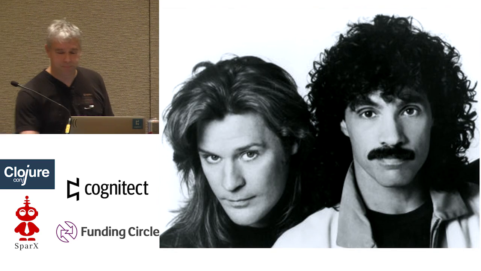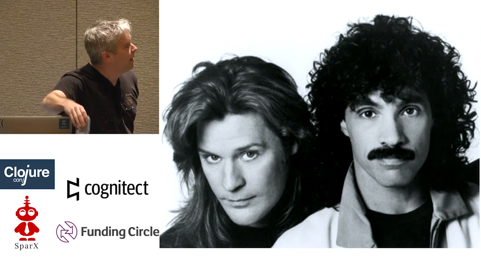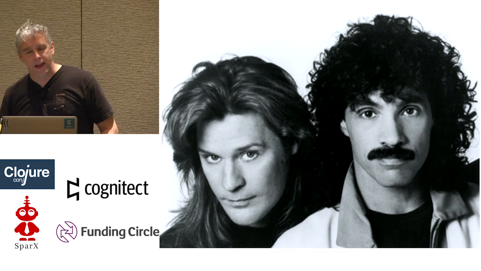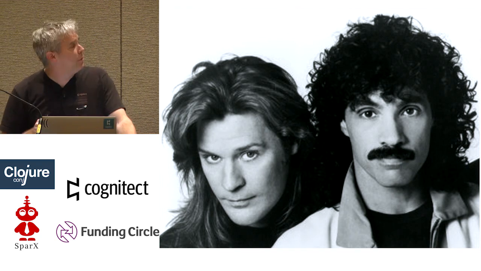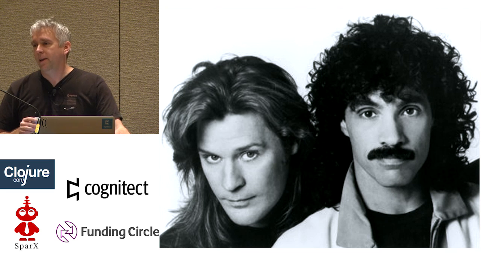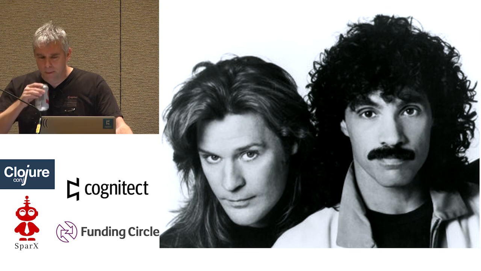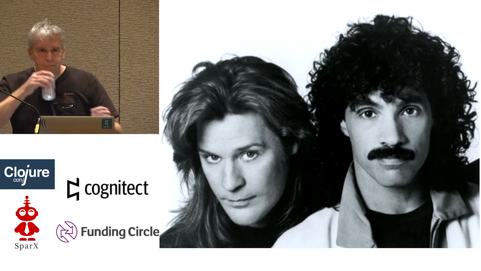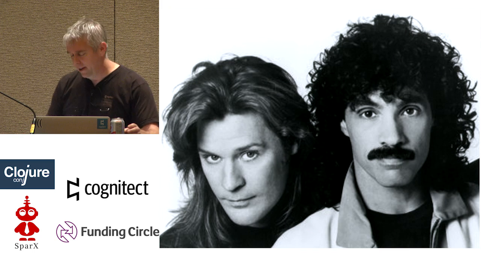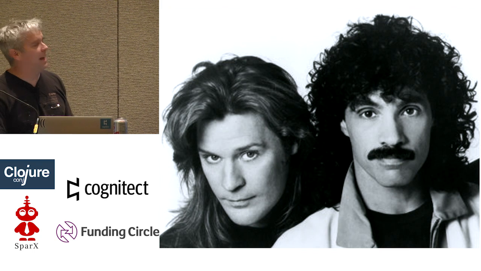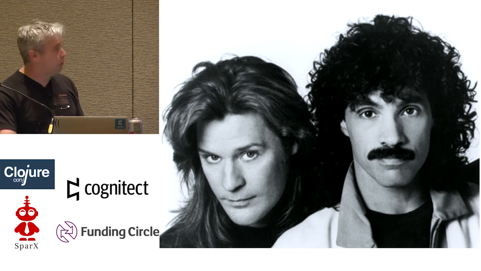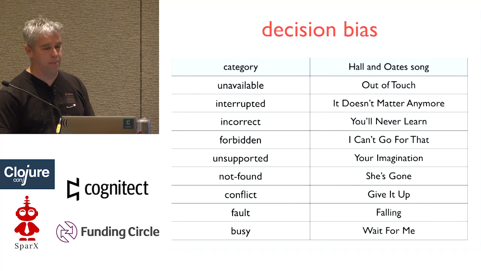And so I did. And what I discovered was that in secret, over several decades, Hall & Oates have carefully thought through this problem. And they have produced a set of songs that indicate the categoric things that you might want to do when you encounter an error in your program.